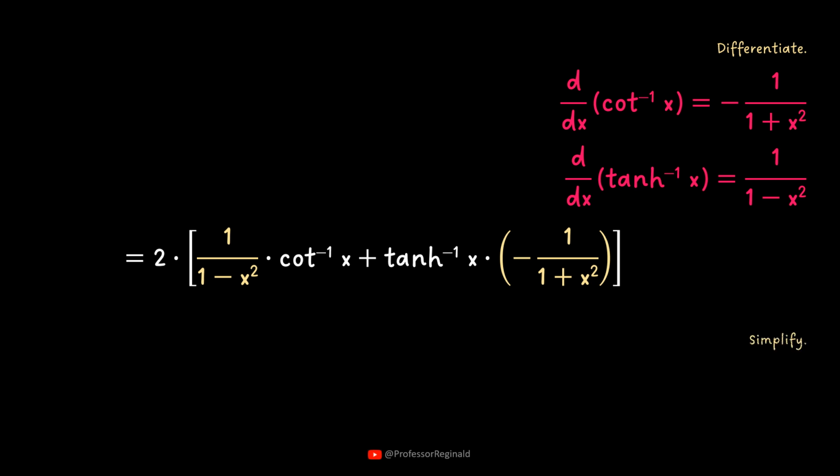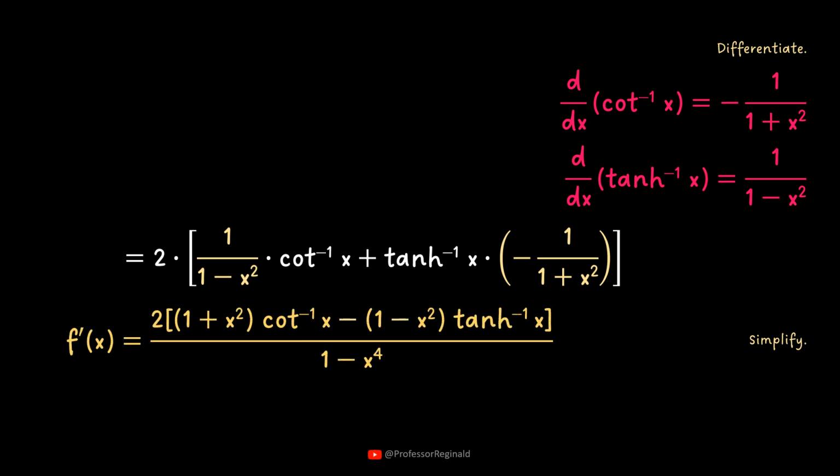Simplify the derivative. Combine the rational expressions using the LCD method. Therefore, f prime of x equals 2 times the quantity of 1 plus x squared times the inverse cotangent of x minus 2 times the quantity 1 minus x squared times the inverse hyperbolic tangent of x all over the quantity 1 minus x raised to 4.